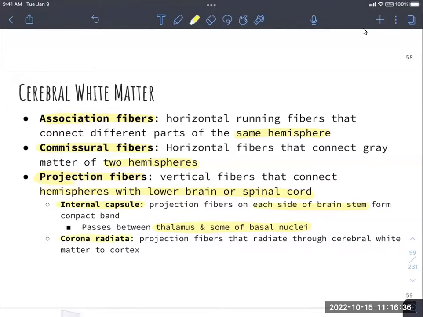Corona radiata, those are fibers that go through the cerebral white matter to the cortex. So they go different places depending on what they are part of.